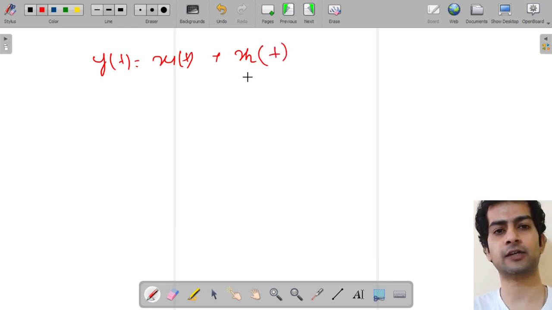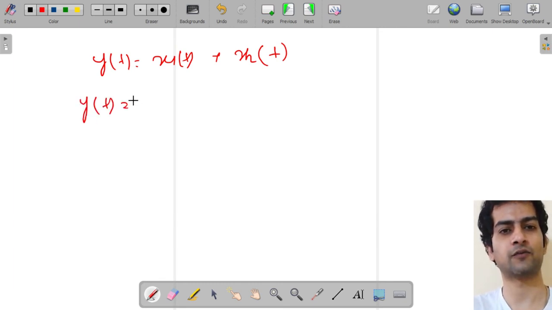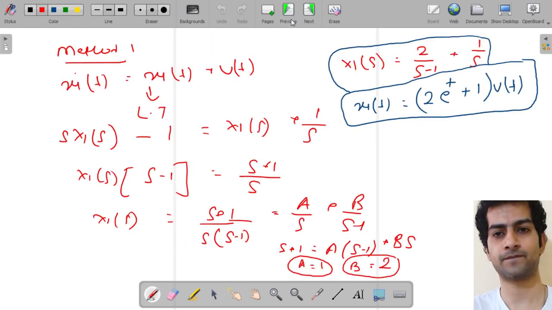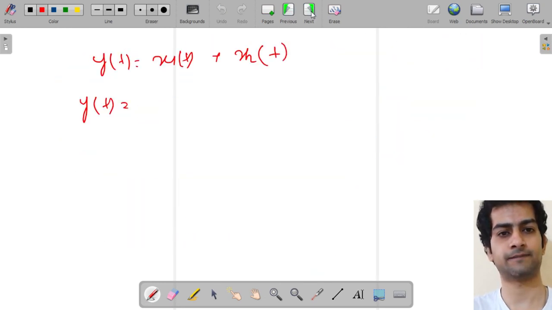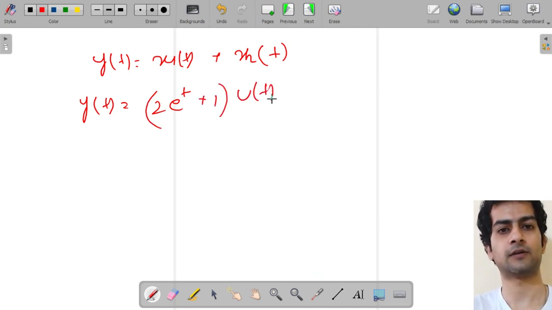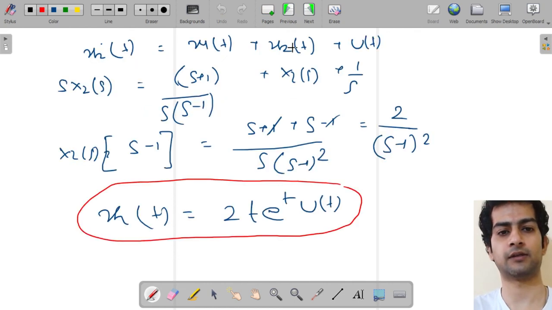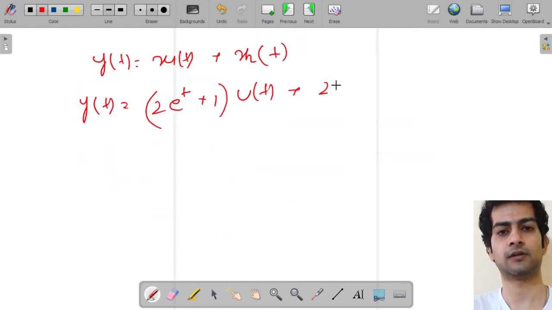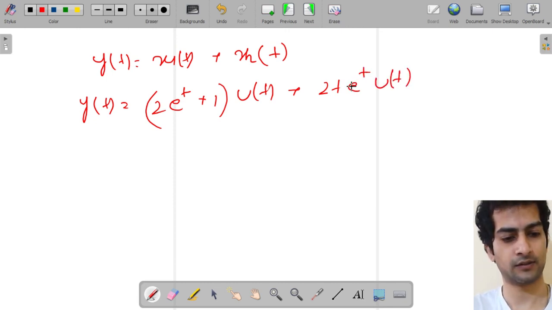The notes which you will get of mine, there everything will be written very properly, in neat and clean handwriting. So you will get y(t) is equal to 2 e to the power t plus 1 u(t), and here 2t e to the power t.